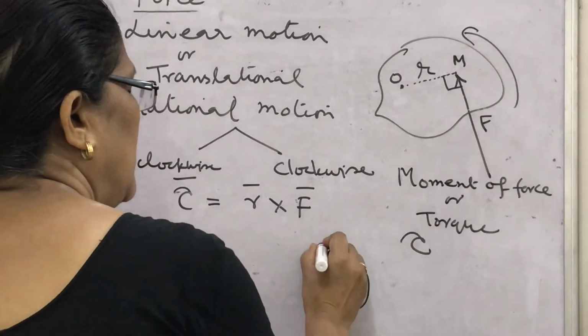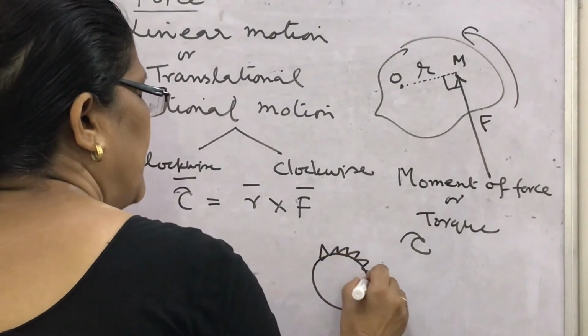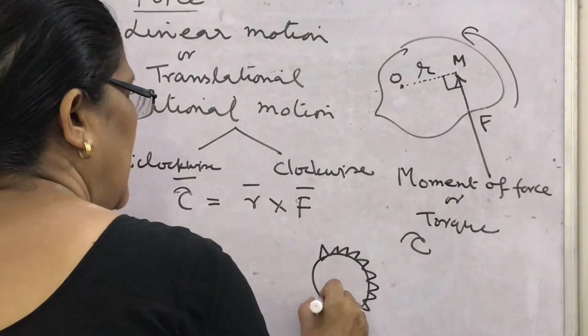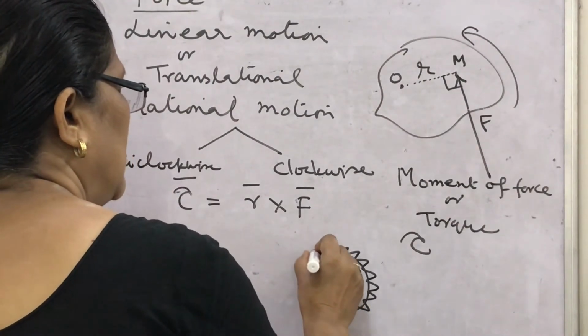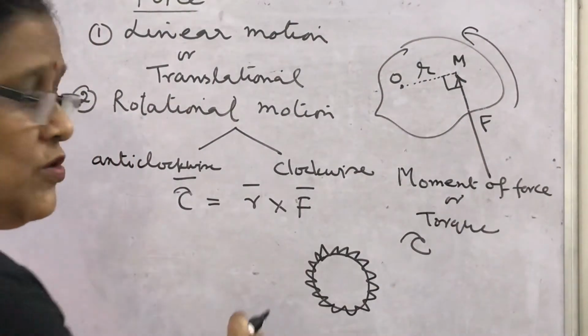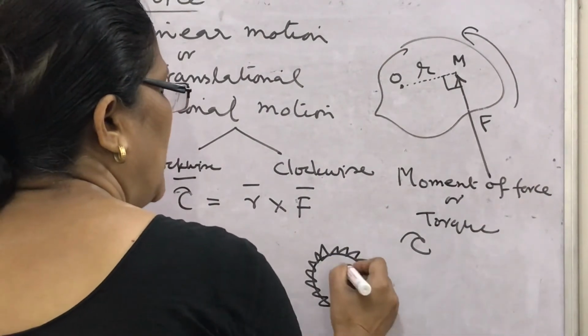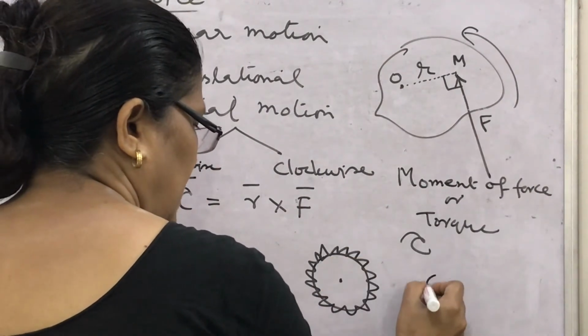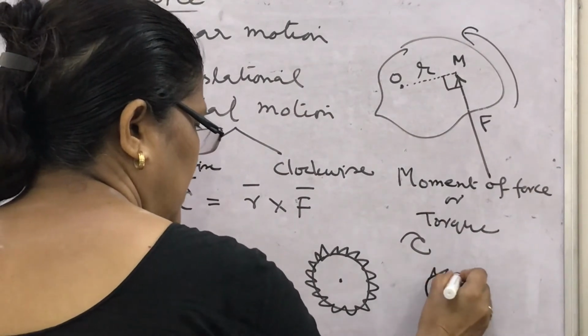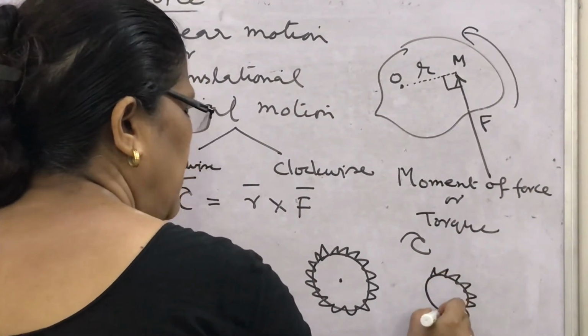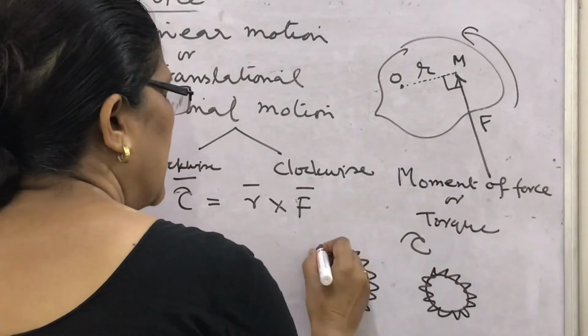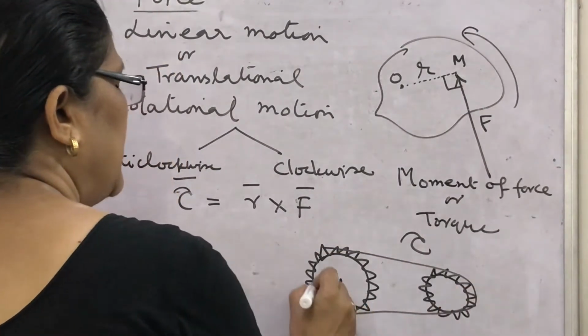Another example, you have seen the wheels of the bicycle. Such toothed wheels are there, and the front wheel is bigger as compared to the rear wheel. Can you tell why? Both are attached with the chain.